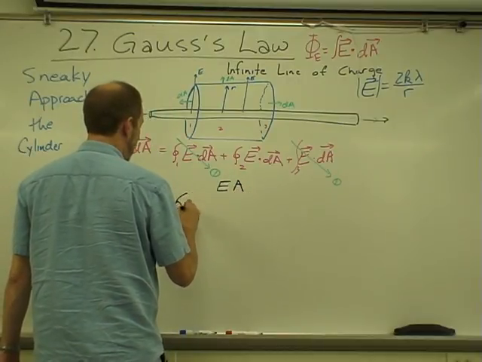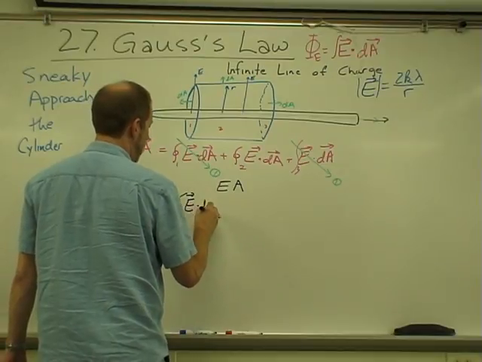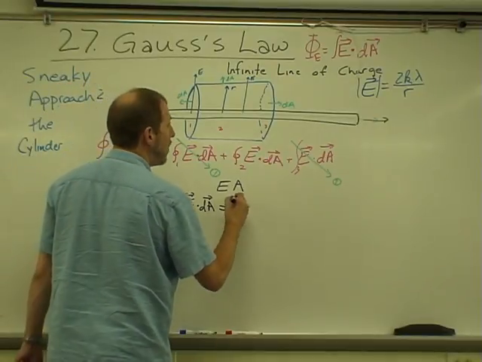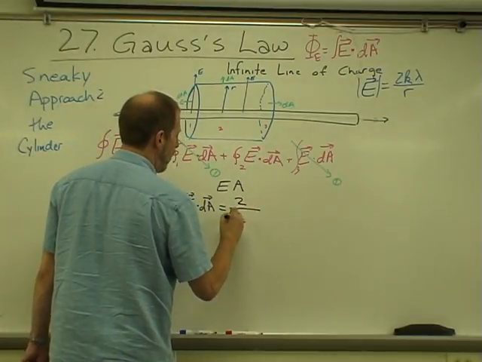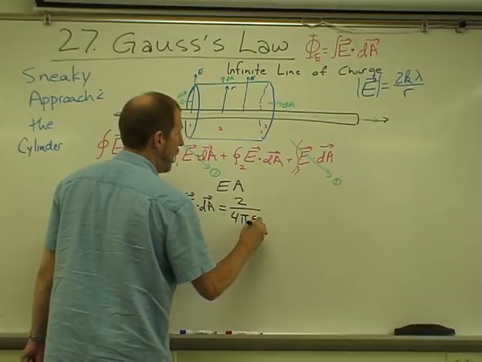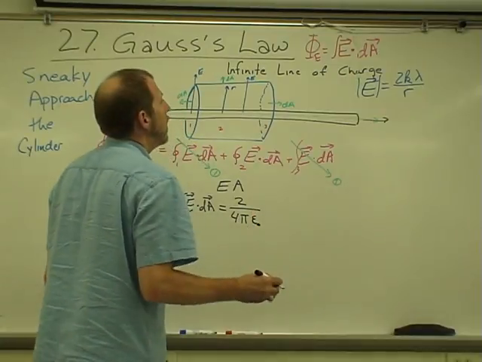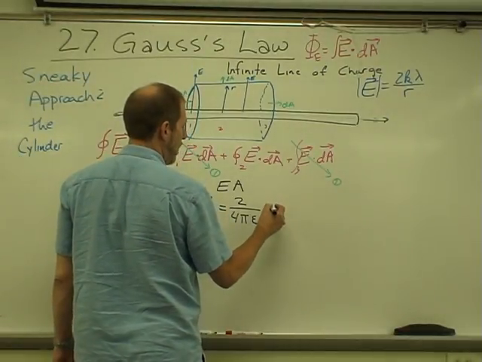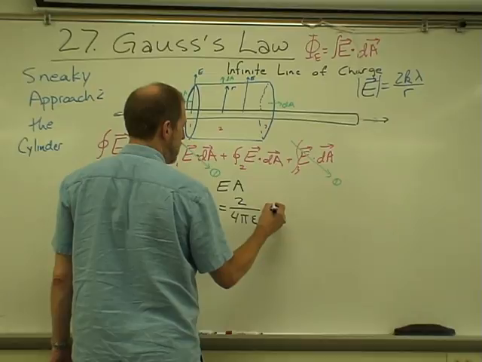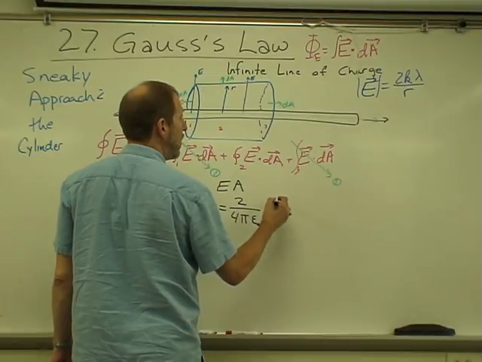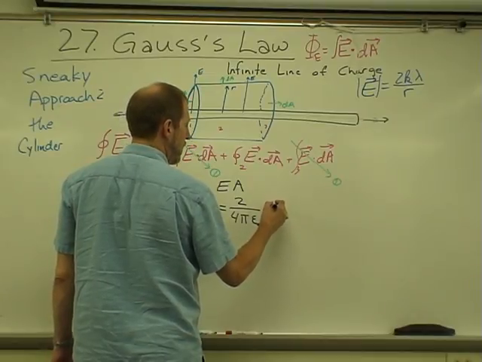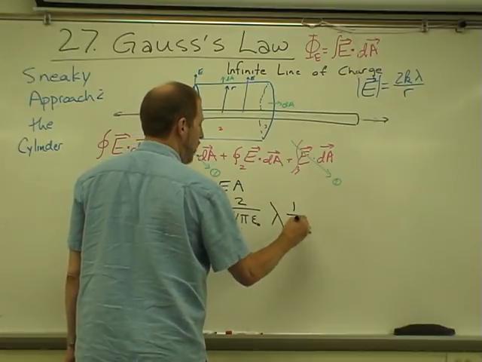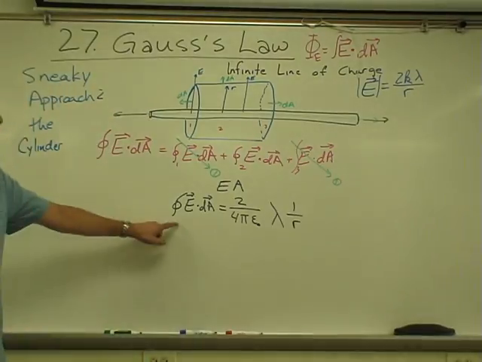So the integral over the entire surface of E dot dA is equal to the electric field, 2 times 1 over 4 pi epsilon naught times lambda, let me keep lambda for one more step, times 1 over r times the area.